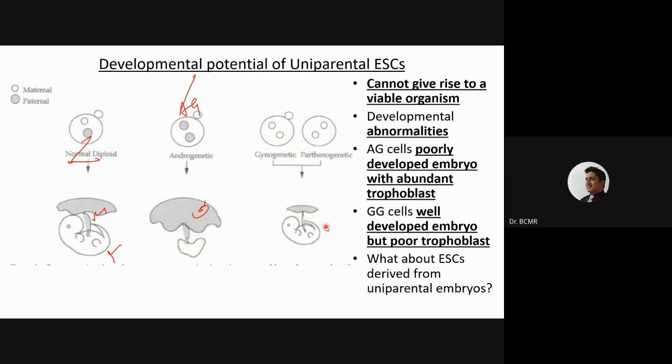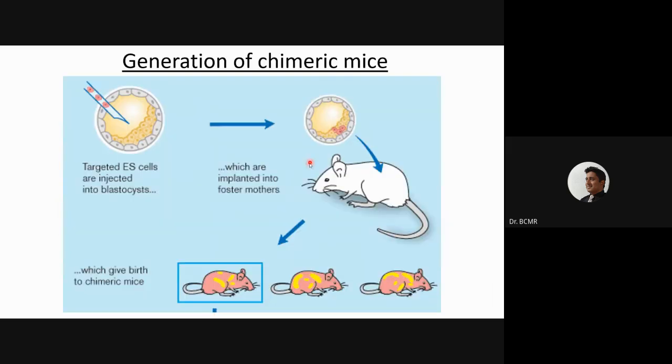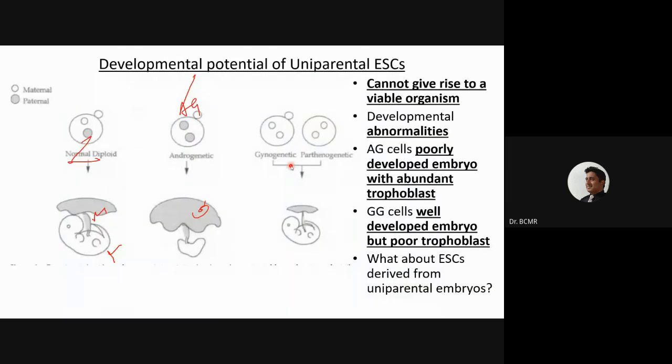Okay, that's the first thing. So to the current day understanding, we cannot get completely viable or normal uniparental zygoids.